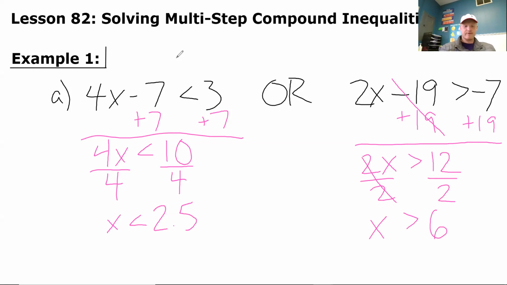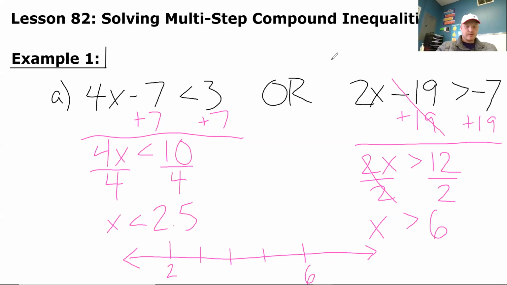So now I'm going to graph that on my handy dandy number line here. I need all my values to be from 2.5 to 6. So I'm going to start at 2, and I'm going to go all the way to 6. So 2, 3, 4, 5, and 6. So I'm going to plot one of my points. Use blue again. So 2.5, that's right in between, and it's an open circle.